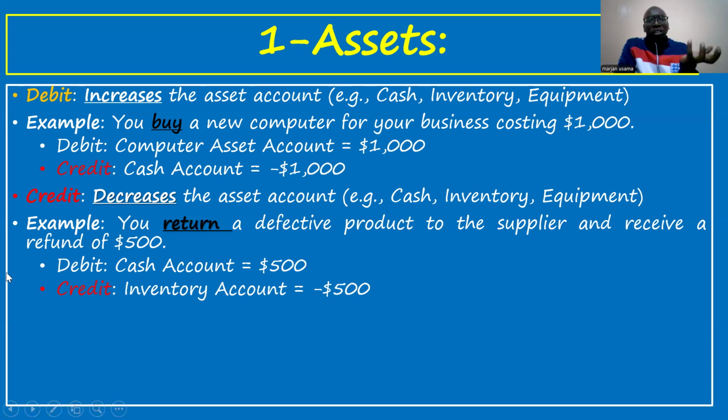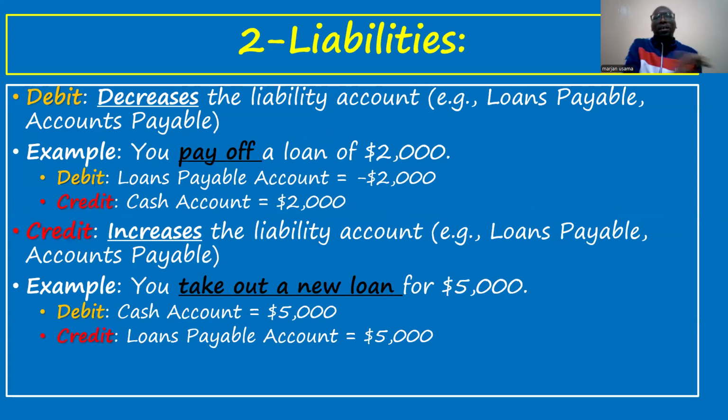But on the other hand, the inventory, your store, is going to decrease because you are taking back the computer to the supplier. So the computer is going out, that is minus the inventory. Then the supplier is giving you back your money. So that is a plus.